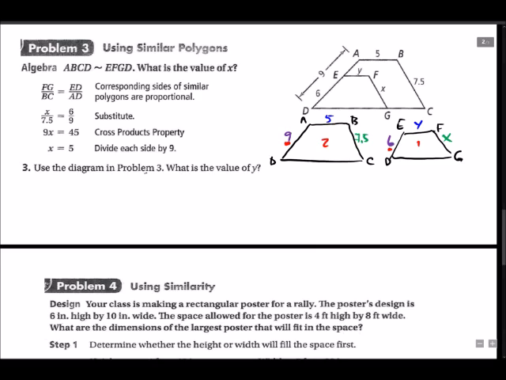So then what I do is I write a proportion. We're going to put figure 1 on top and figure 2 on the bottom. So I find the two sides where I have numbers. That's a 6 to 9 ratio. And now I want to find the value of x.